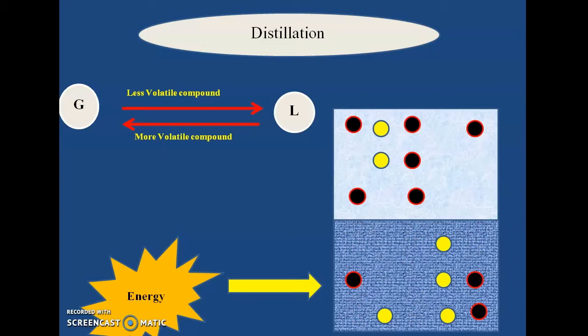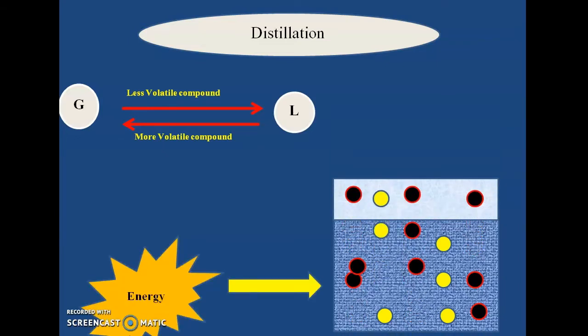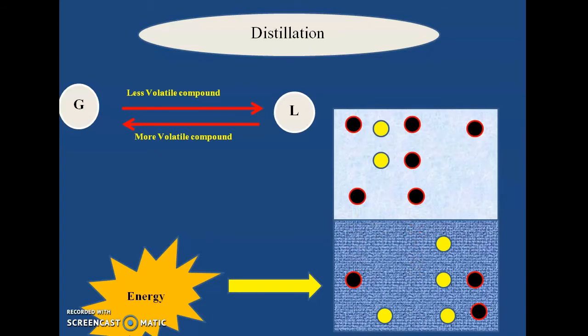So when we supply some energy to this liquid phase, what happens? Both A and B grab that energy and get vaporized. We have seen less volatile and more volatile components. The more volatile component takes energy and gets vaporized fast, whereas the less volatile component takes energy and gets vaporized slowly compared to the more volatile component.